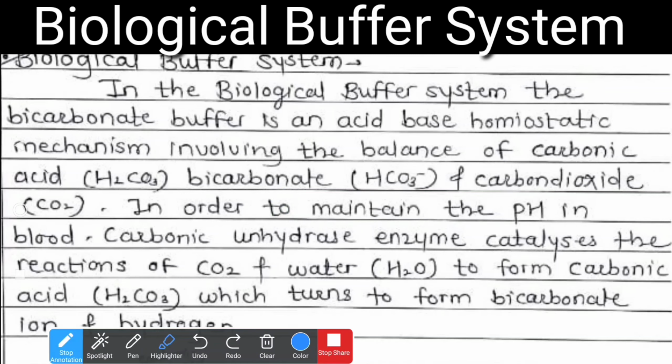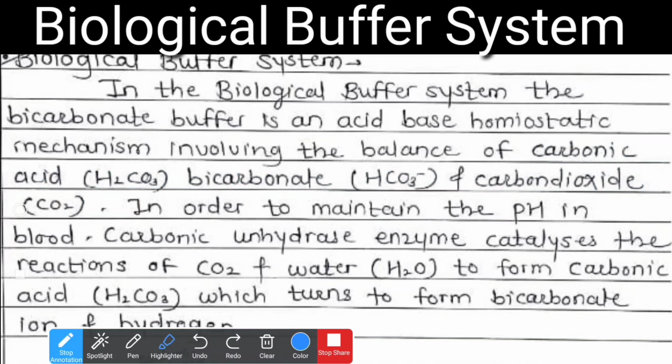In case of the biological buffer system, the bicarbonate buffer is an acid base homeostatic mechanism, which involves the balancing of carbonic acid, that is H2CO3, the bicarbonate ion, which is HCO3 minus, and the gas carbon dioxide, that is CO2.